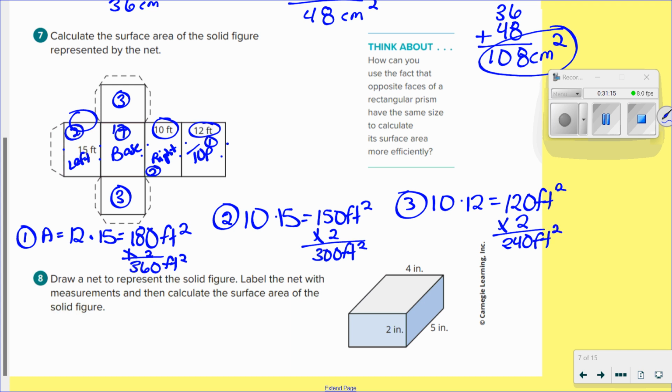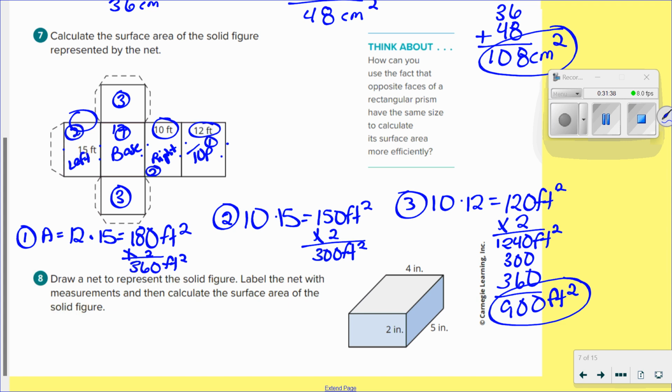Do I know my total surface area yet? No. What do I need to do? Add them together. So I have 240 plus 300 plus 360, and I get 900 feet squared. Make sense?